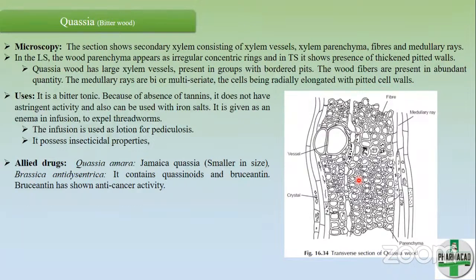That is nothing but different types of section, that is radial section, then transverse sections, all these different types of sections you might have seen in your practical, like xylem vessel, xylem parenchyma, fibers, medullary rays.